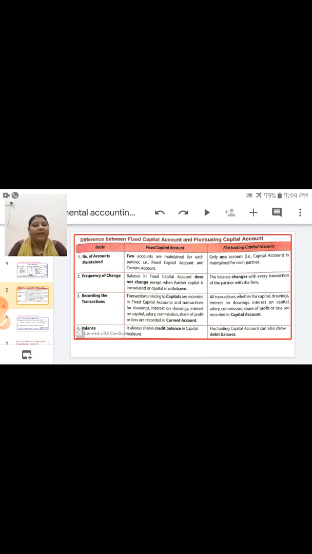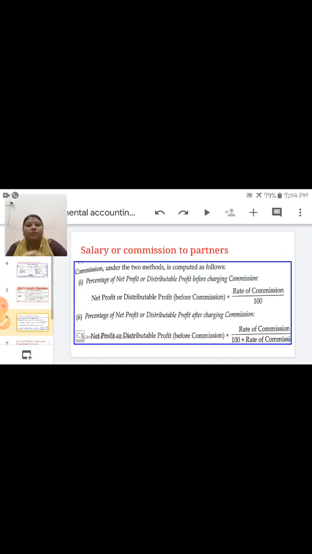Last is balance. Fixed capital account always shows a credit balance, but fluctuating capital account can also show a debit balance. These are the differences between fixed capital account and fluctuating capital account.